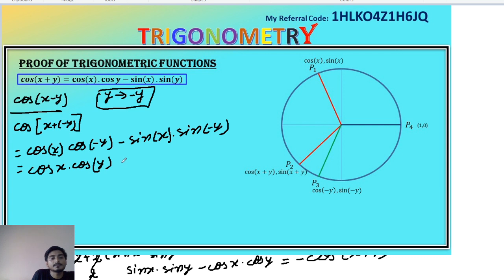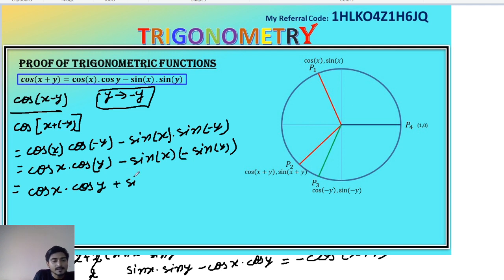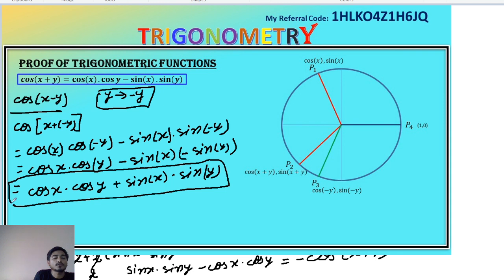Okay, and then minus sine x into sine of minus y is written as minus sine y. So this finally becomes cos x into cos y, minus into minus it will become sin x into sin y. Okay, so this is your formula for cos of x minus y.